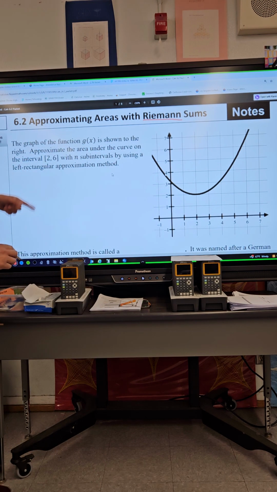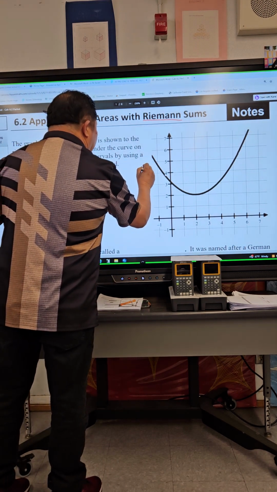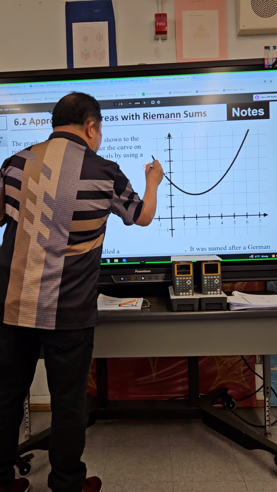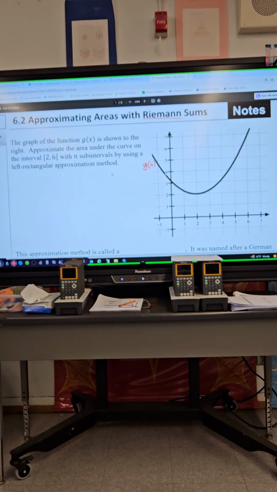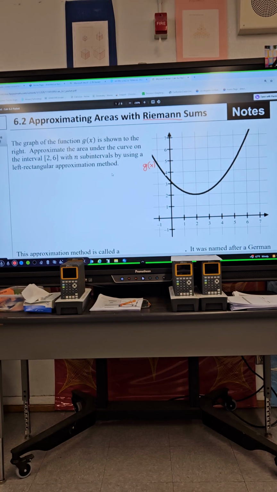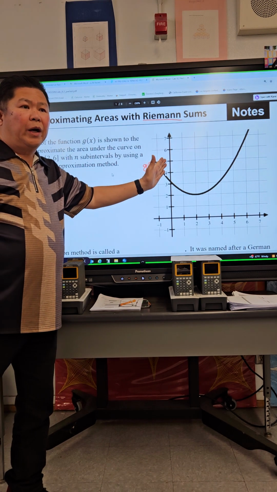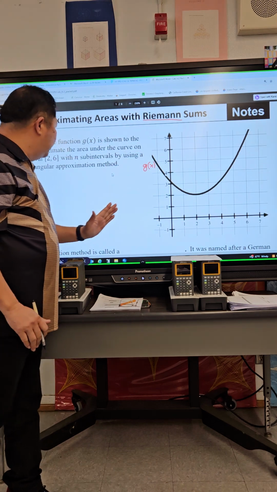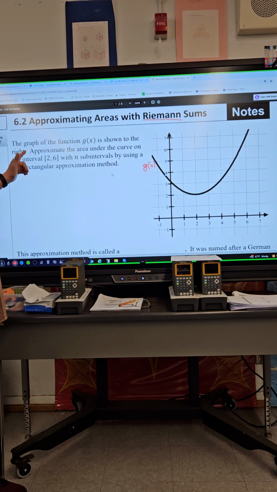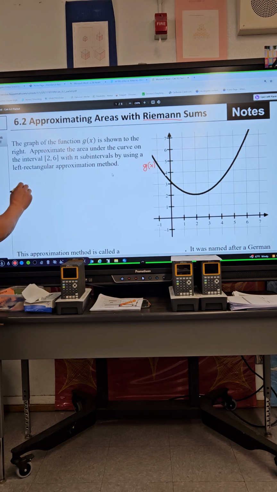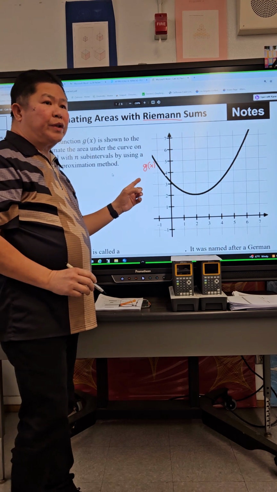So we're gonna approximate the area under the curve on the interval from 2 to 6.